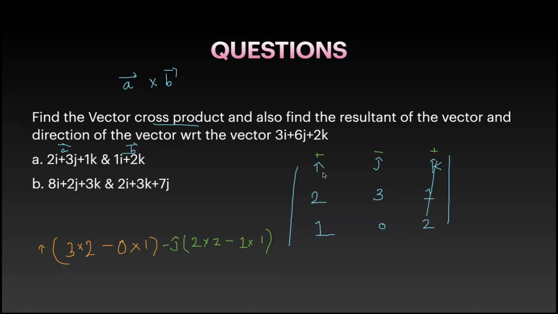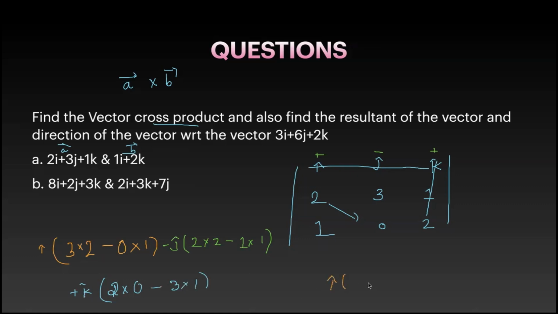Hide these two rows. Write it as plus k cap into multiply these two, 2 into 0 minus 3 into 1. Okay. Now just evaluate it. What are you going to get?